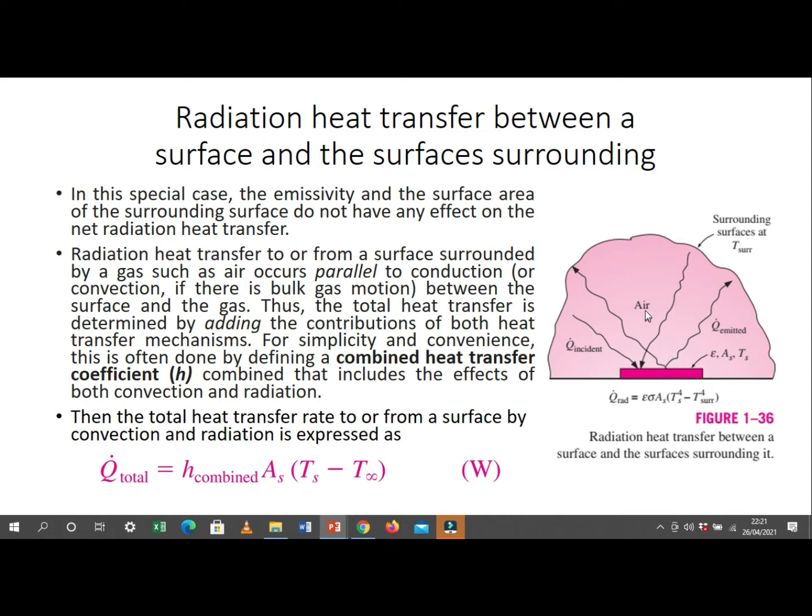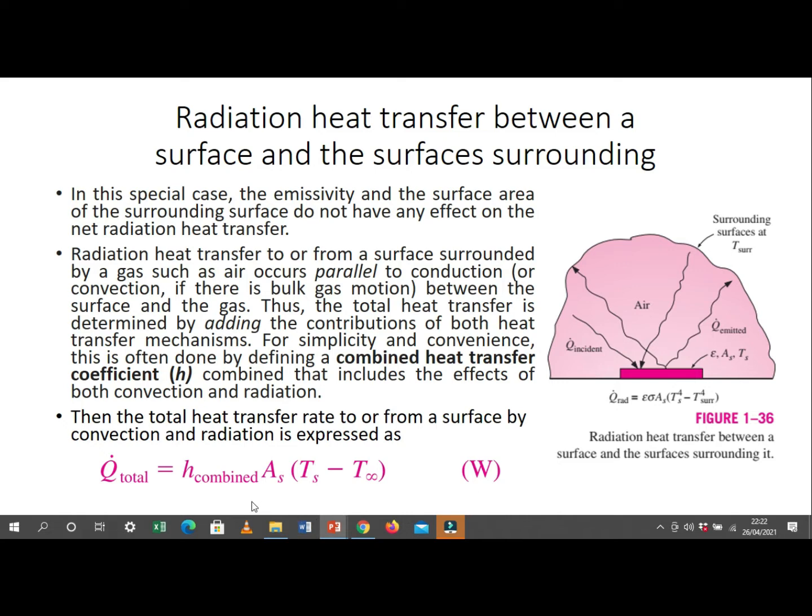The second is the movement of the air molecules: the air molecules move from this place to this place, and the heat is transferred by the convection process. The overall heat transfer coefficient is represented by the combined heat transfer coefficient, that includes the combined effect of convection as well as radiation.